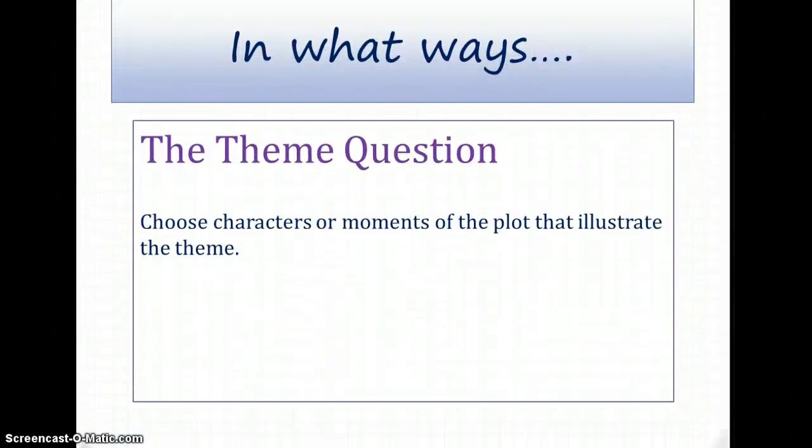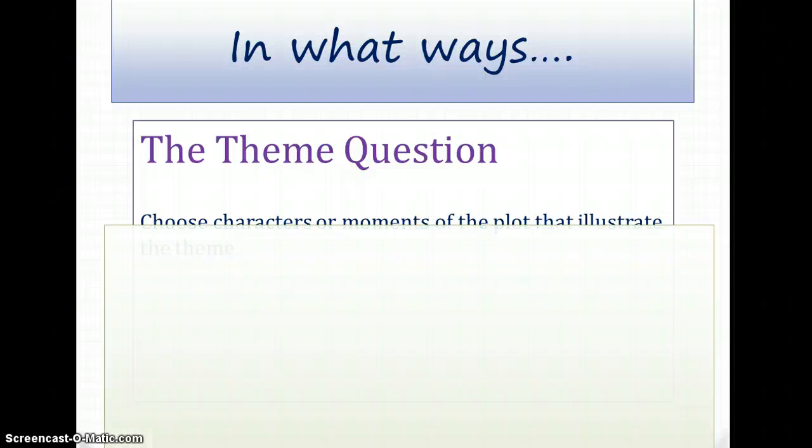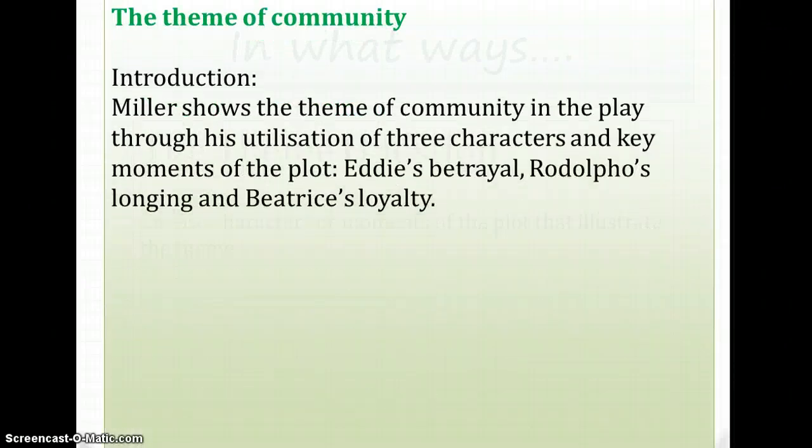Right. Your question might say something like, in what ways is the theme of friendship shown through Of Mice and Men, for example? Now, in what ways means which characters, which bits of the plot, how does the setting illustrate that theme? So, if you think about the theme of community in A View from the Bridge, here's a sample one-sentence introduction.